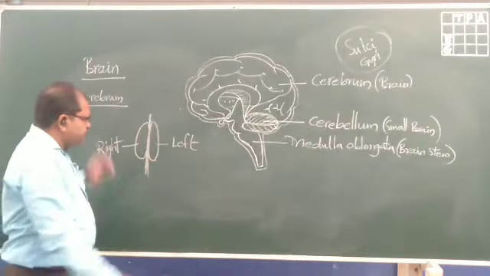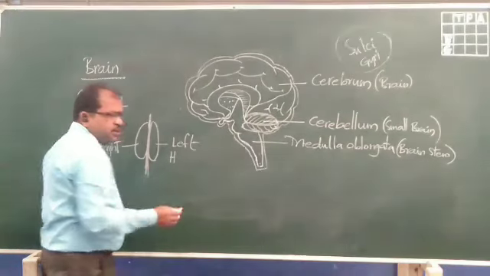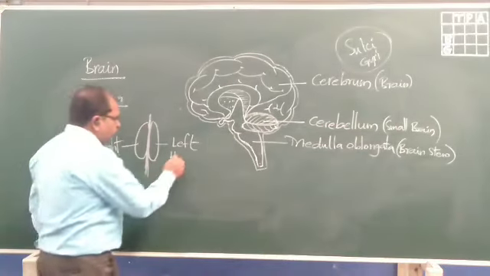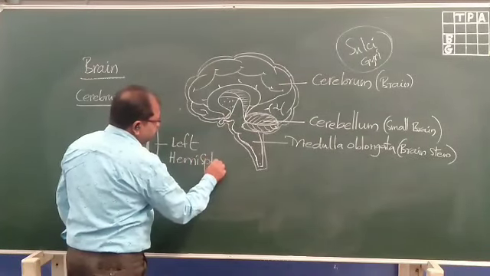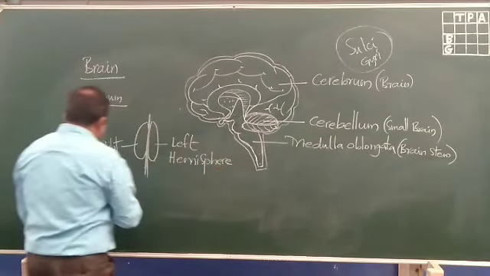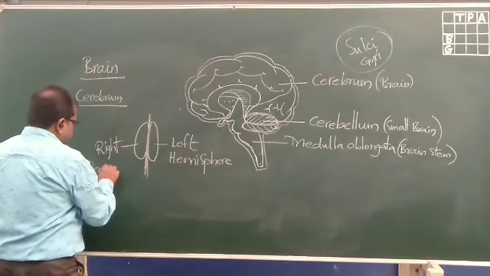So left side and right side, these equal halves are each called a hemisphere. Left hemisphere and right hemisphere.